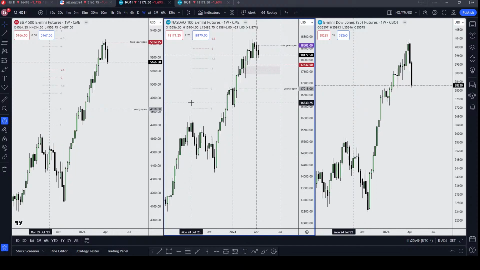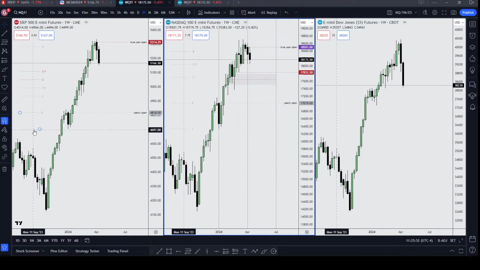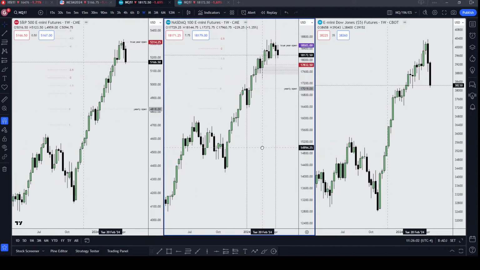As you can see right here, what I'm anchoring the fibs to is basically the low of the year to the yearly open, similar to NQ right here. And we are right now within 4 to 4.5 for S&P 500 and 2 to 2.5 for Nasdaq.